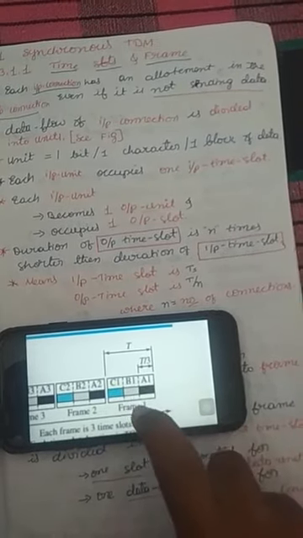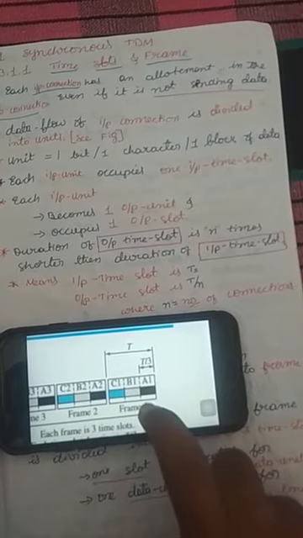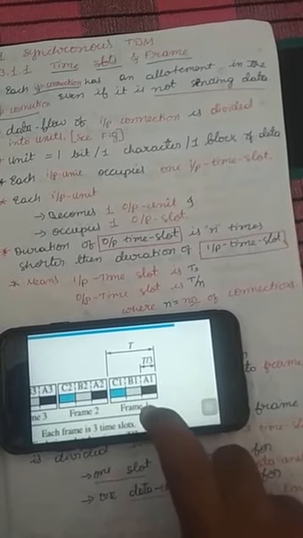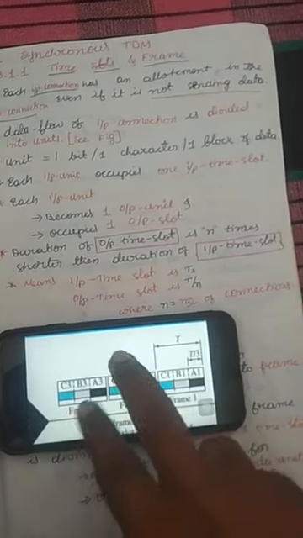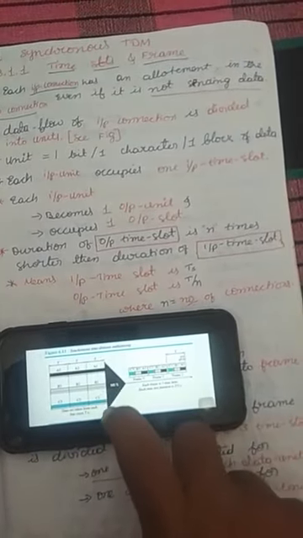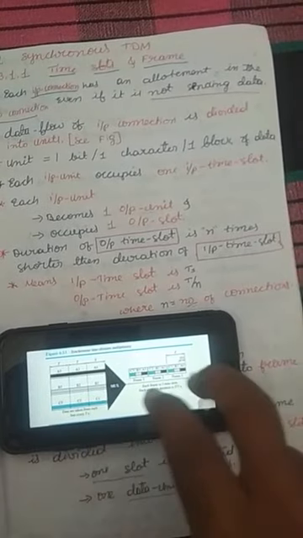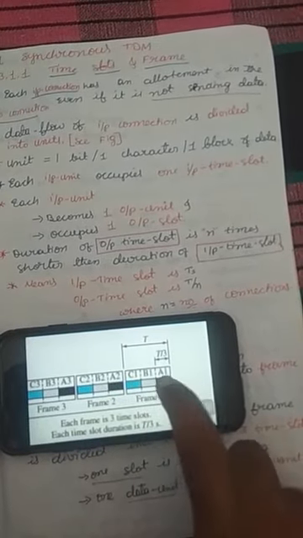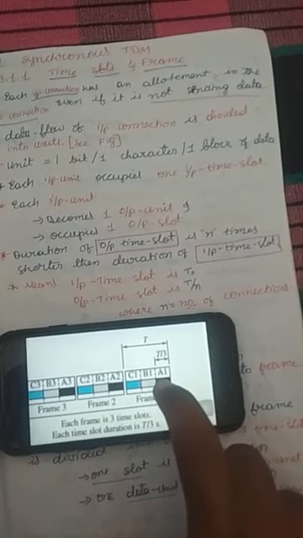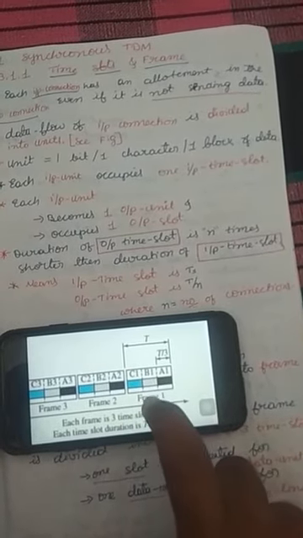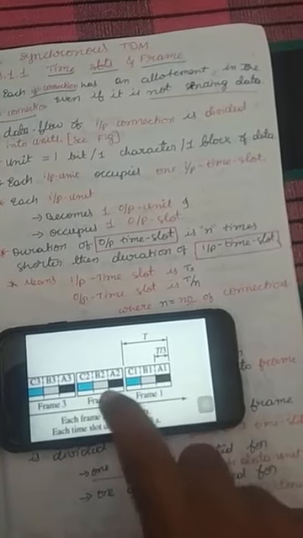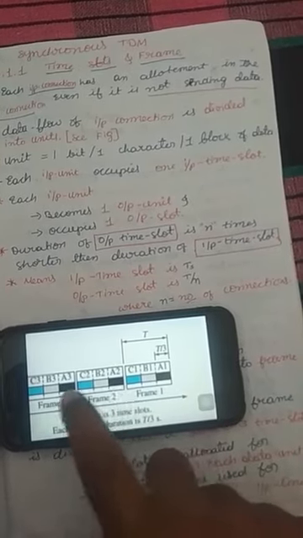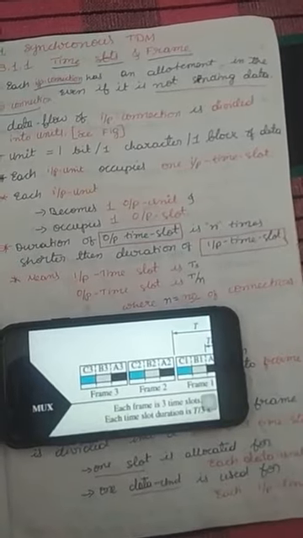Then the first frame is formed, so frame 1 contains 5 slots. But in this diagram there are 3 data flows, so it has only 3 slots in frame 1. Frame 2 also has 3, and frame 3 also has 3 slots.